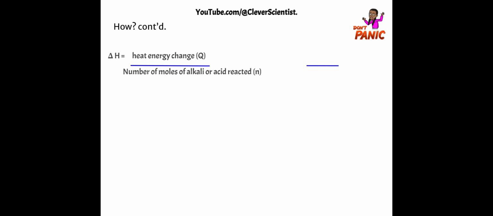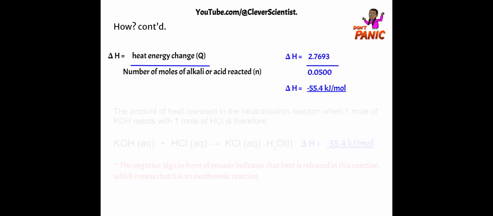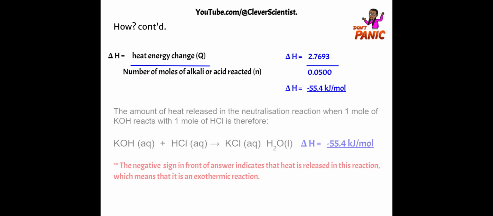So now we can substitute all the values we've got into the molar enthalpy change of neutralisation equation. And here we have it. So we've got our heat energy change divided by the number of moles of alkali reacted. And here we've got the amount of heat released in the neutralisation reaction when 1 mole of potassium hydroxide reacts with 1 mole of hydrochloric acid.